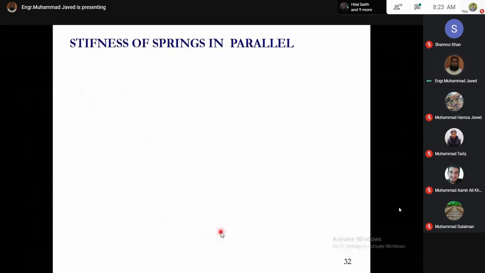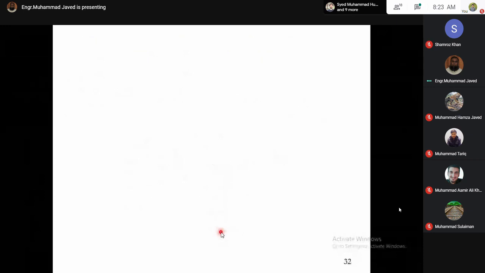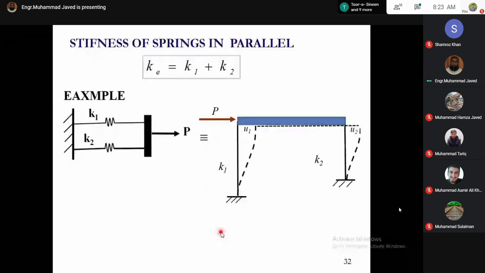Now, what is the practical application of springs in parallel? Here a single story, single bay frame is given.